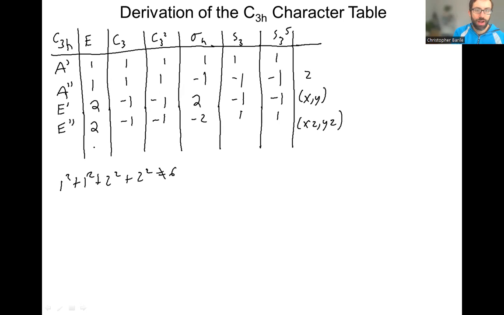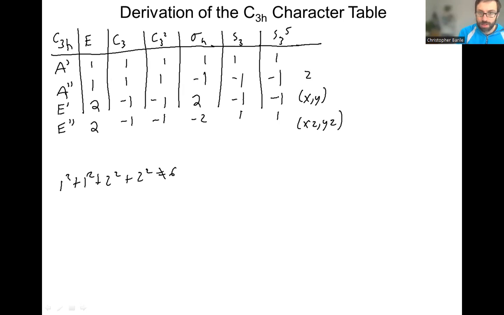Okay, but how are we going to fix this problem here? What we're going to do, and we're going to do this mostly in the next video, but we're going to break up, erase these bottom little things here. We're going to break up these E prime and E double prime vectors into 2 components.